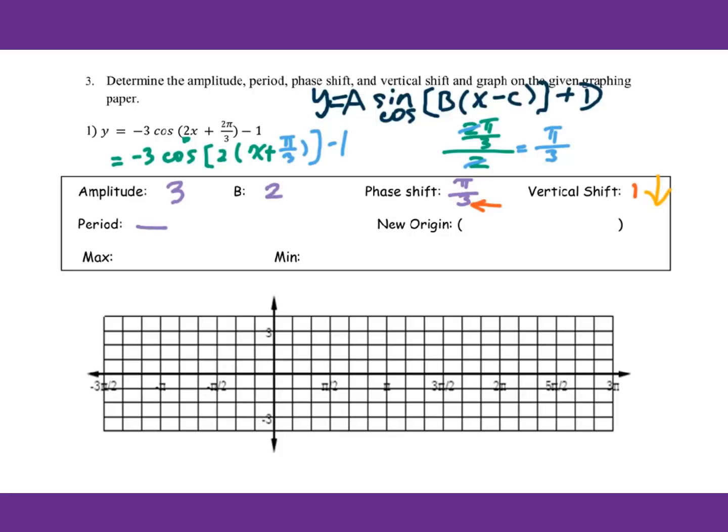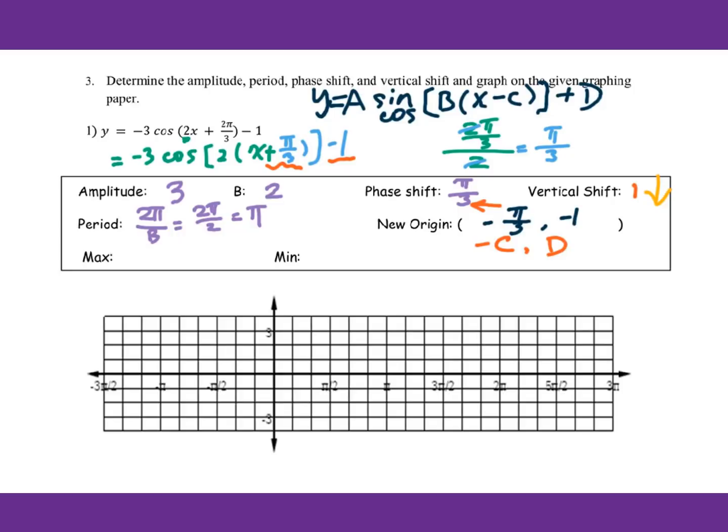Period, we do 2 pi over b, means 2 pi over 2 equals pi. New origin, that's the opposite of this c and d, negative c and d. Therefore, we got negative pi over 3 and negative 1.